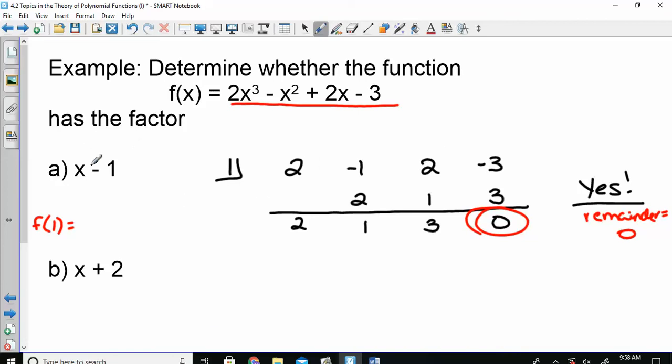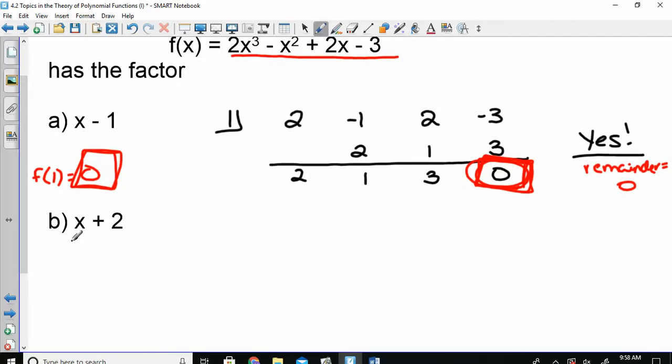So what did it give you? 0. Where else did we see 0? Yeah. So there are 2 options. You can do the synthetic, or you can plug the number in, and it gives you the remainder.